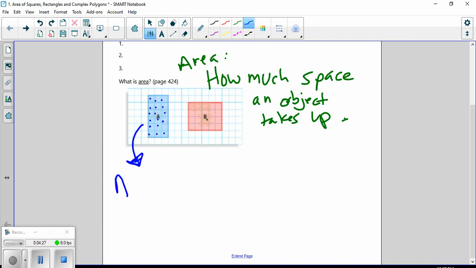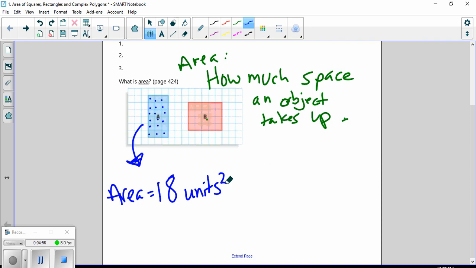So the area of A here is 18, and we don't know the units. Like, we don't know if these are represented by feet. We don't know if this grid is talking about centimeters. So since we don't know the units, we're just going to say it's 18 units squared.